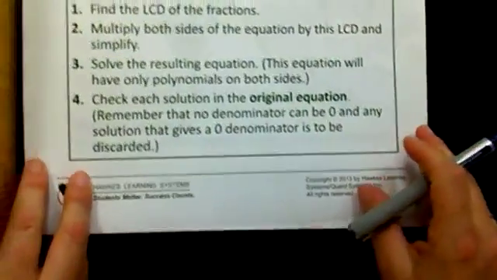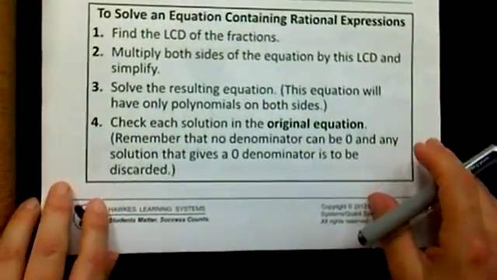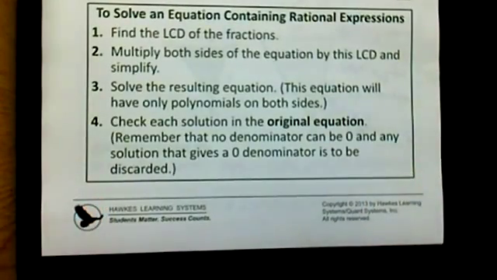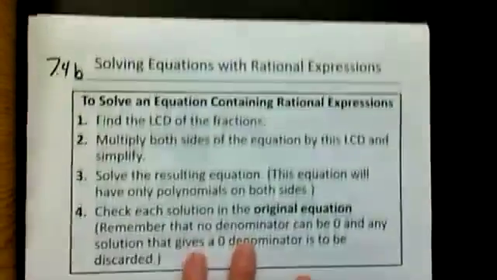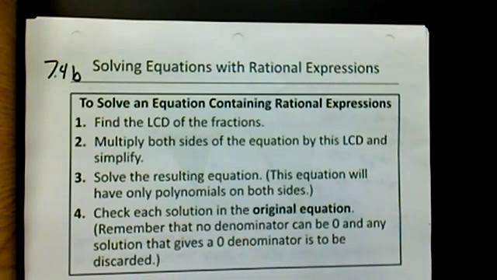Okay. So moving on to 7.4b. That last part was all of the proportions parts. In 7.4b, we're going to look at solving equations with rational expressions. These do not have story problems connected to them, but they have multiple things that you might be adding together on each side.